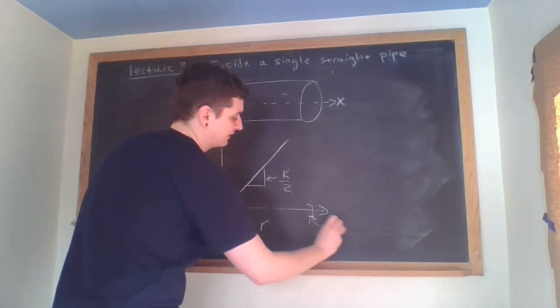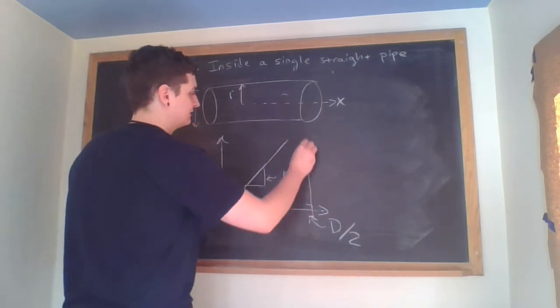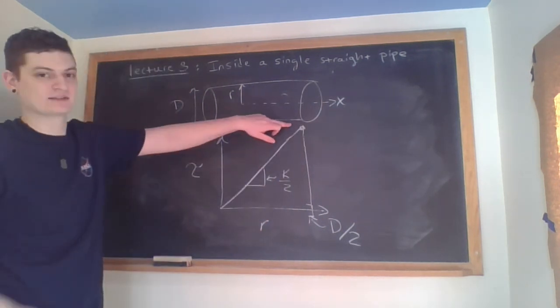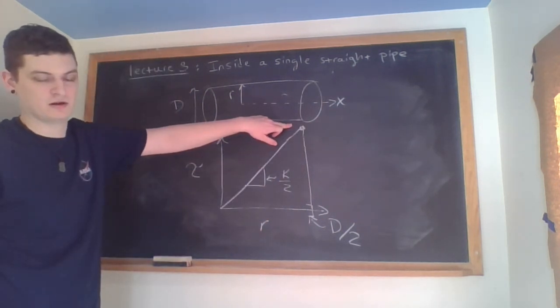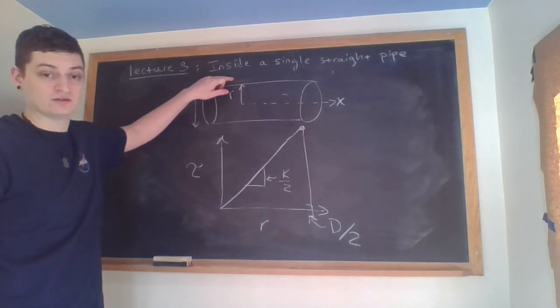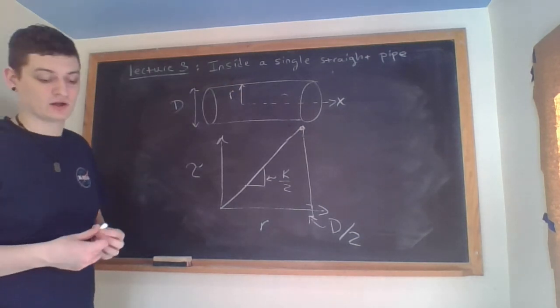So this point right here is the pipe radius, which means there is a maximum shear occurring in the pipe. Where is that maximum shear? It's at the wall. So in your pipe at the wall is the most shear force happening in the flow.